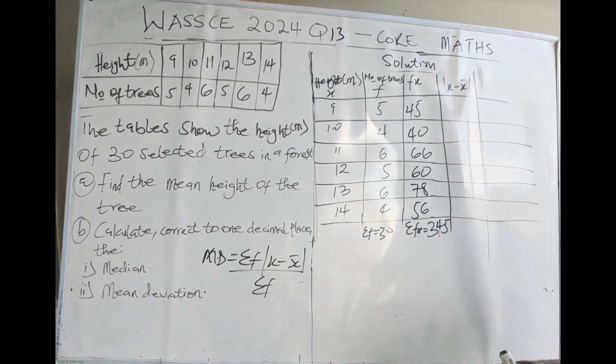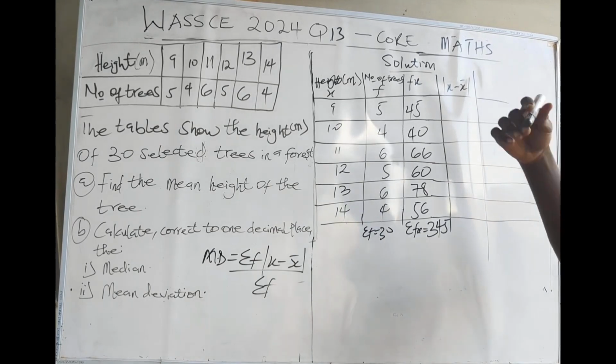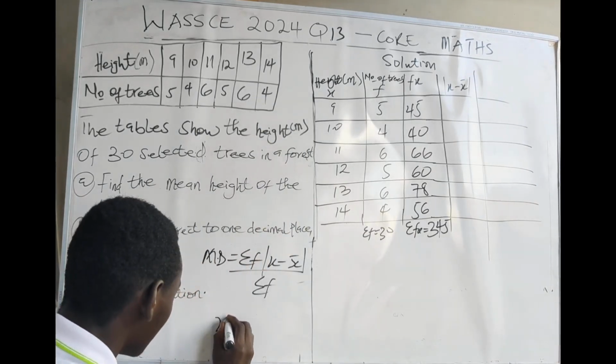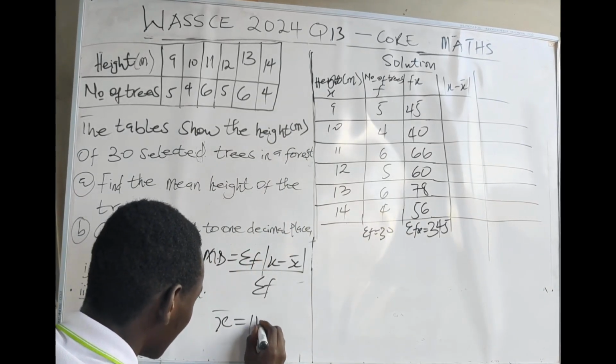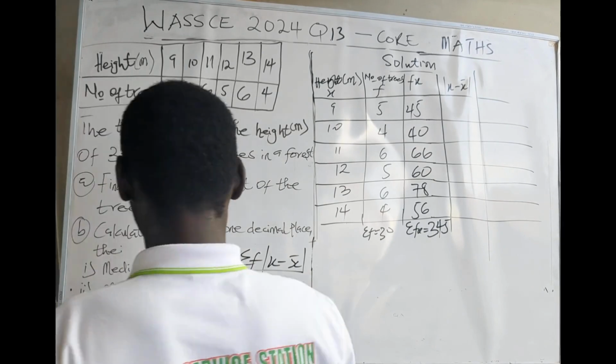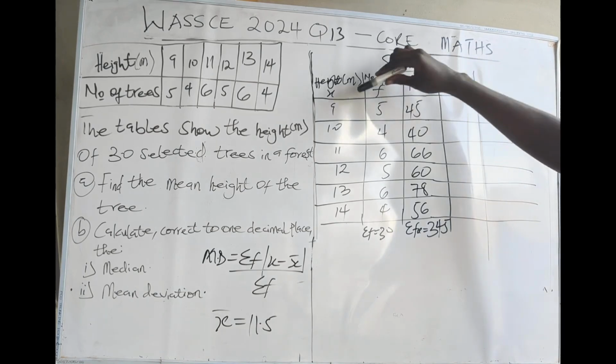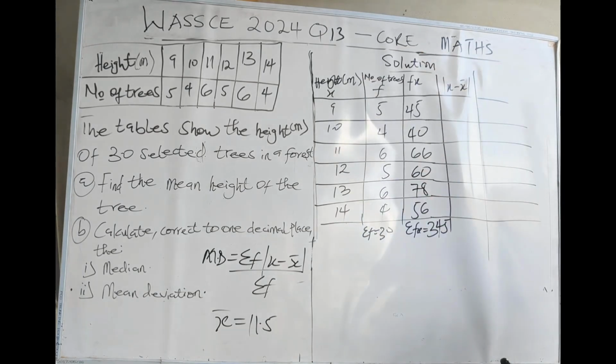So here, all we need to do is we already know our mean. Our mean is 11.5 from our previous answer. So we just subtract our mean from the value of x, that's the height.